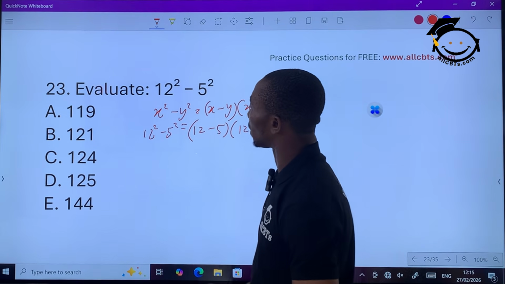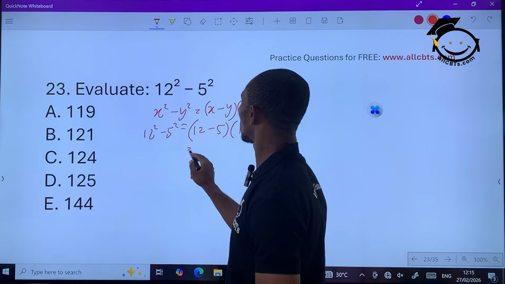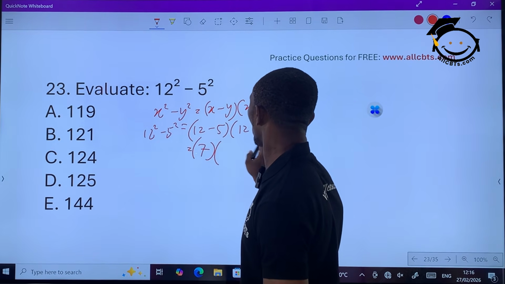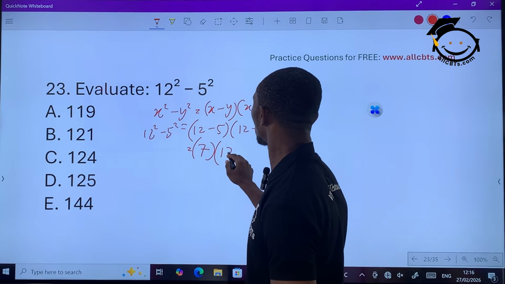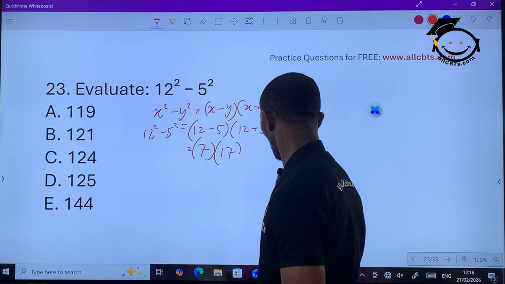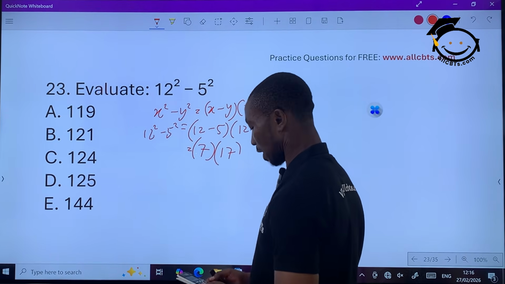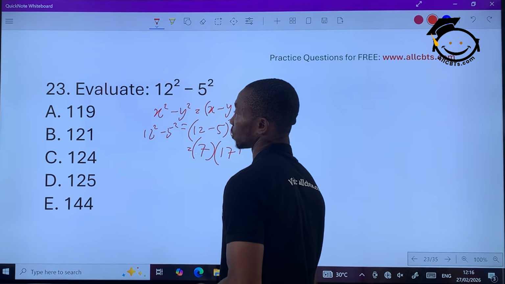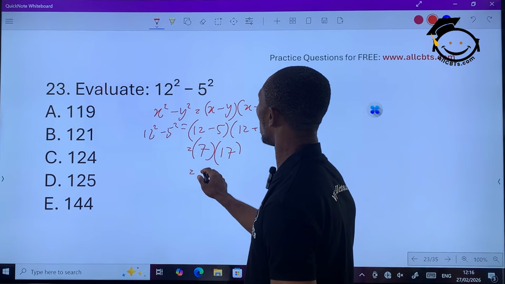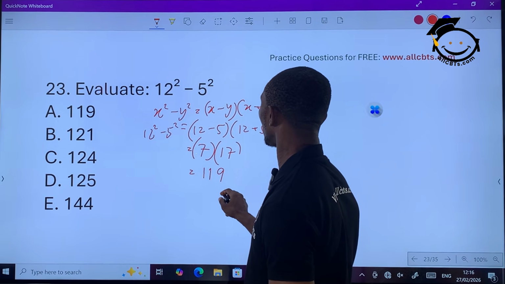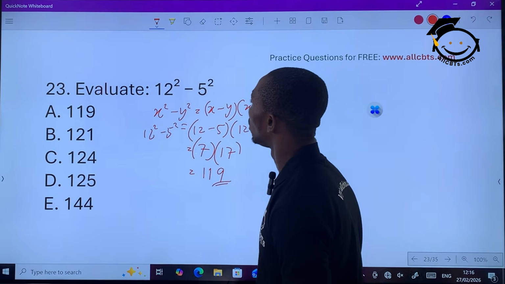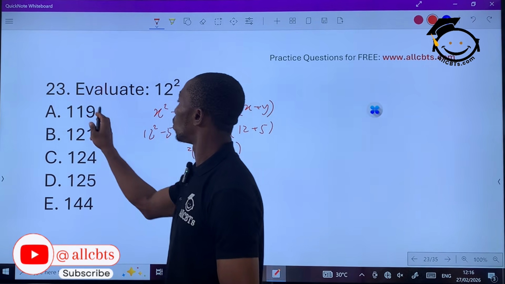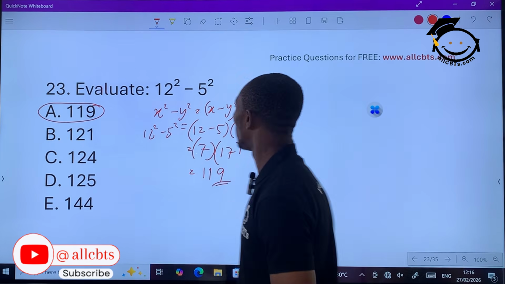Now 12 minus 5 gives us 7, and 12 plus 5 gives us 17. So we are having 17 times 7. 7 times 17 gives us 119. So the value of 12 squared minus 5 squared would be 119.